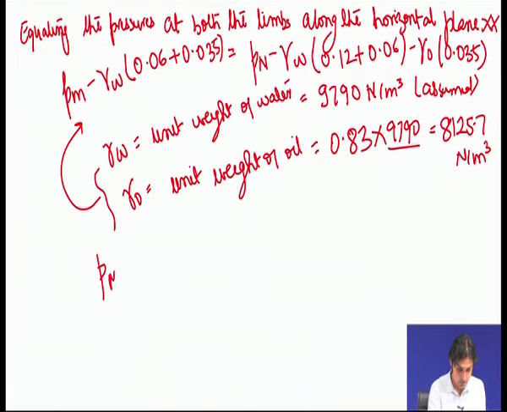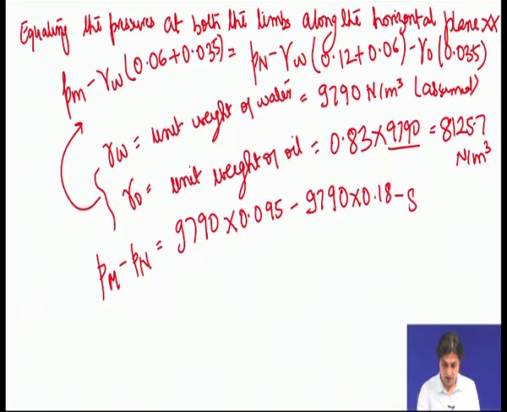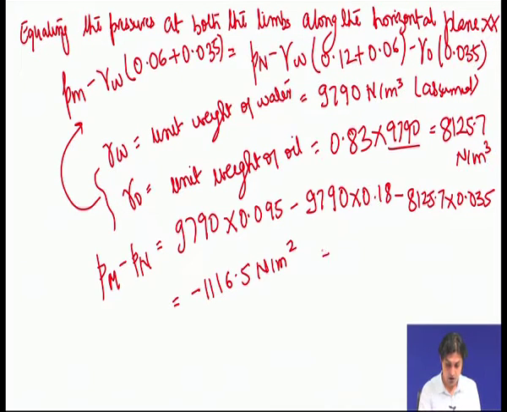Pm minus Pn is equal to 9790 into 0.095 minus 9790 into 0.18 minus 8125.7 into 0.035, and this is going to give us minus 1116.5 Newton per meter square, or minus 1.1165 kilopascal.